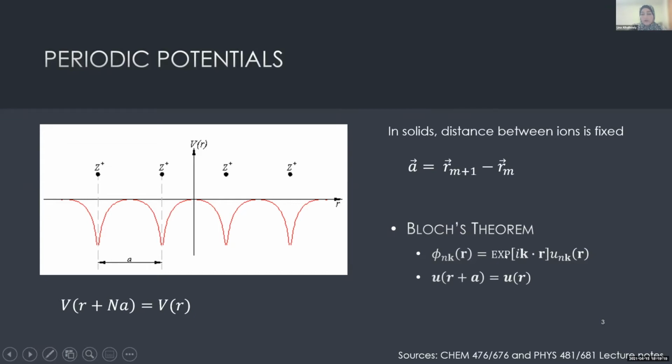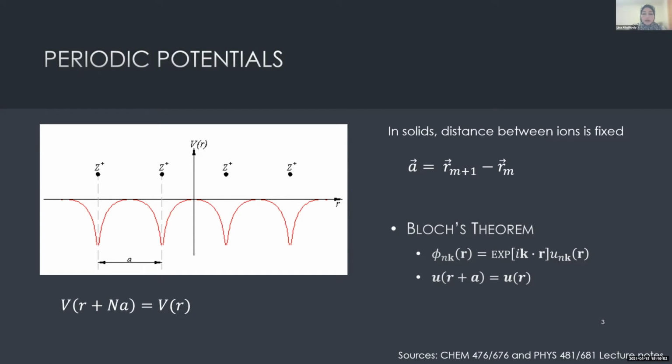The plane wave is represented as the exponential term here, and it's a description of the moving electron through the crystal, and it's always related to the wave vector of the electron motion or electron state. It's multiplied by the periodic function u, which also indicates the periodicity through the crystal.